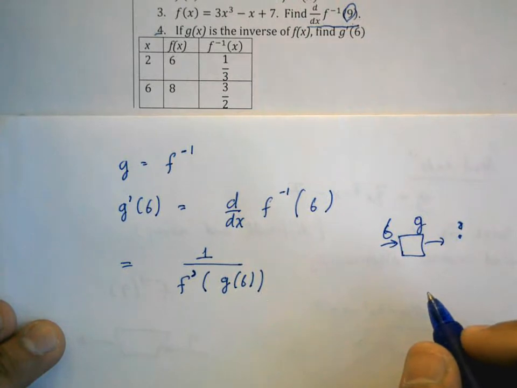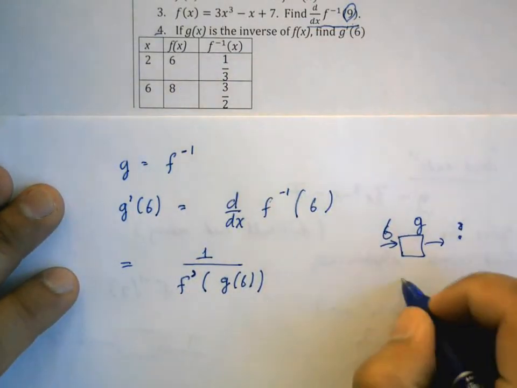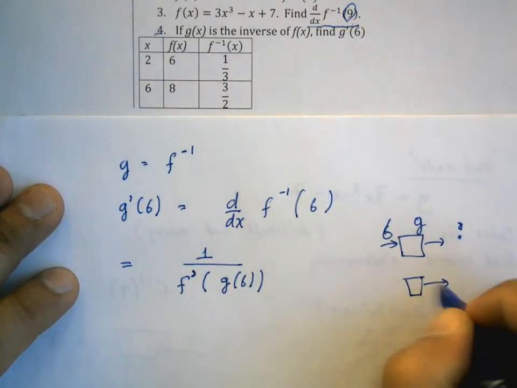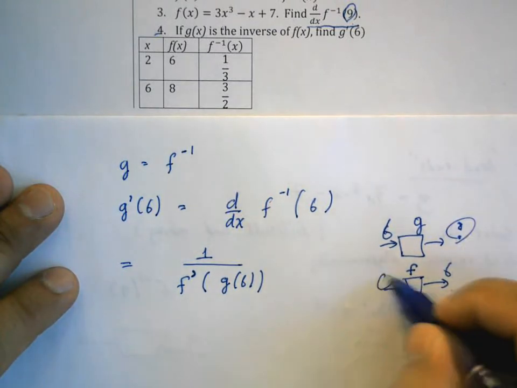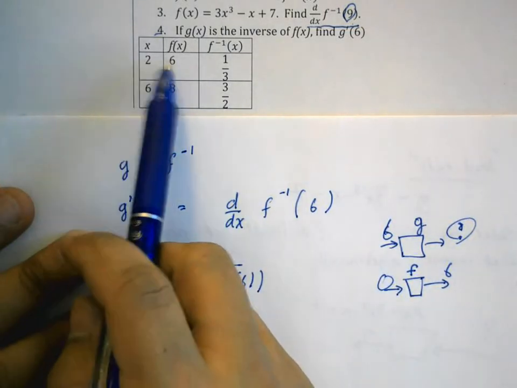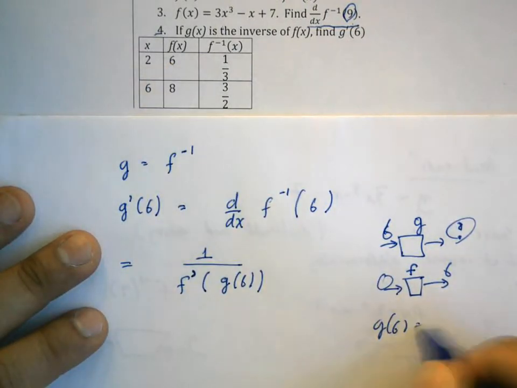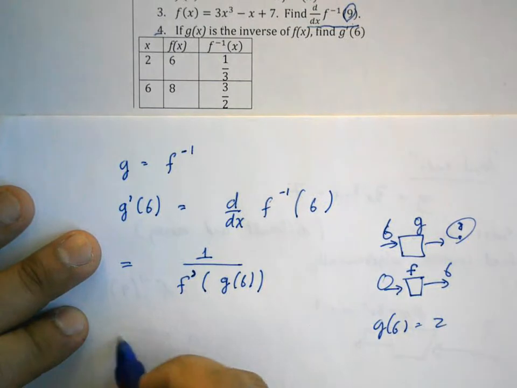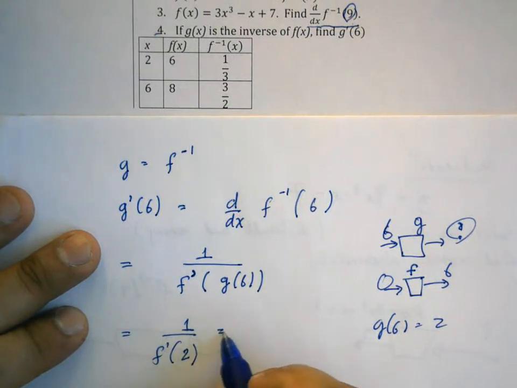So it's straightforward to look at the table in order to determine it. Another way to say this is, what would we pass into F in order to get 6? Because these two are going to be equal. Well, if you look at the table, if we pass in 2 as the input, then F of X is going to produce 6. So that means G of 6 is equal to 2. So this formula over here, 1 over F prime of 2, is going to be our answer.